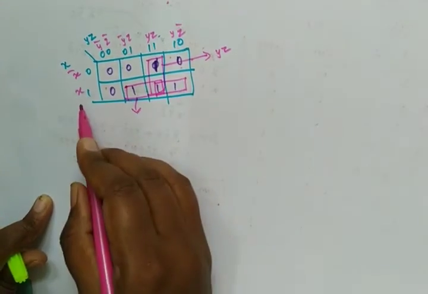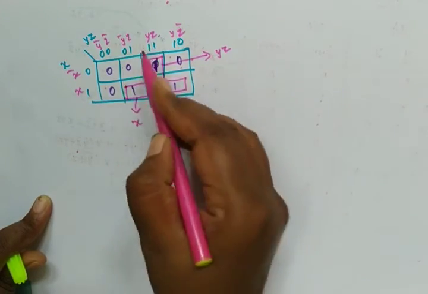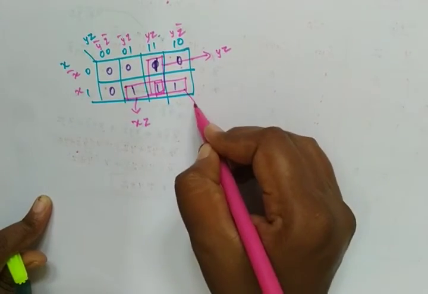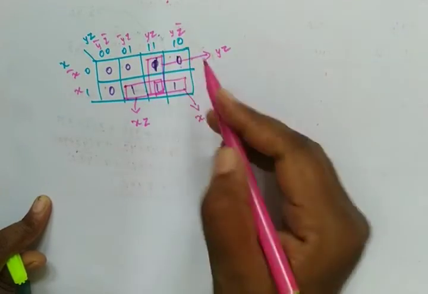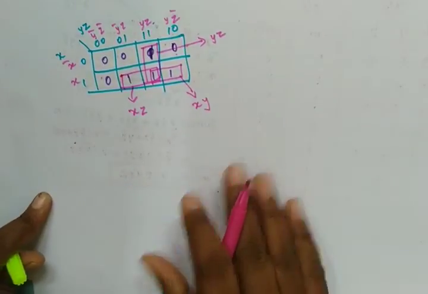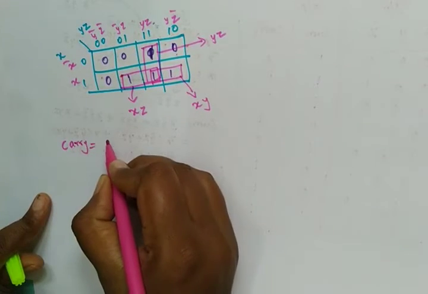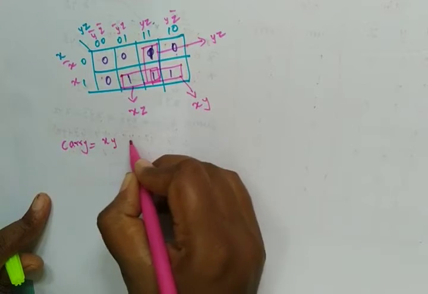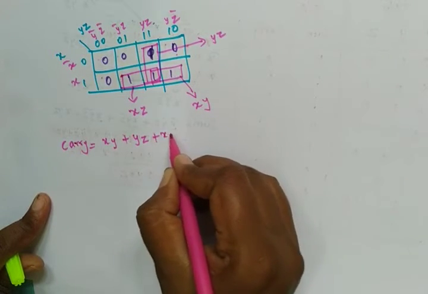What is the answer for this? Here we have x, and y bar cancels, so xz. And for this, x, and z bar cancels, so we have y. Therefore carry is equal to xy plus yz plus xz.